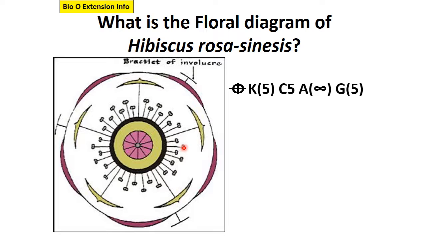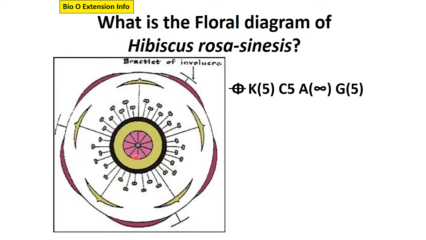There are a lot of stamens. All these are anthers, and all those lines are the filaments. The anthers are attached to the filament, which is connected to the ovary wall. And this is the ovary of the hibiscus flower.